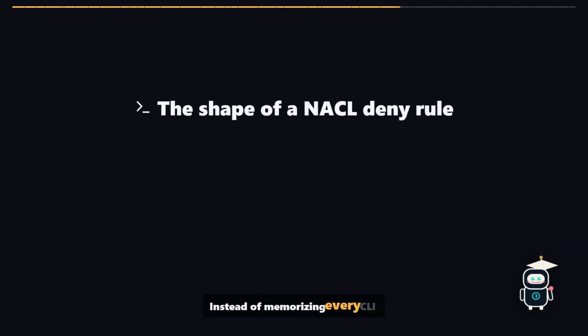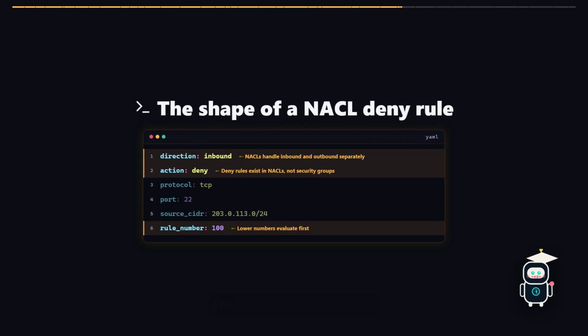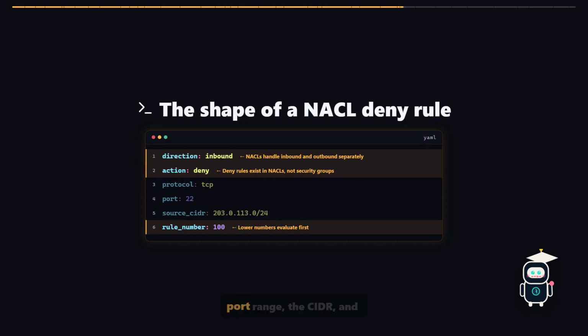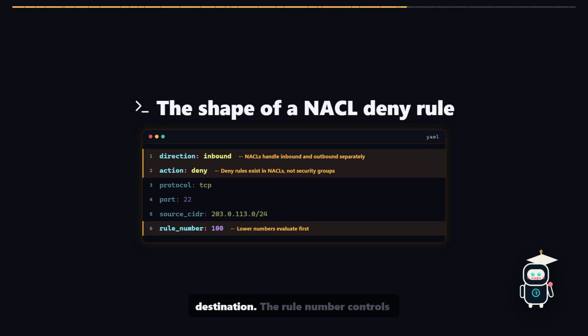Instead of memorizing every CLI flag, focus on what a NACL deny rule must describe: the direction, the deny action, the protocol, the port or port range, the CIDR, and the rule number. For an inbound rule, the CIDR is the source. For an outbound rule, the CIDR is the destination.